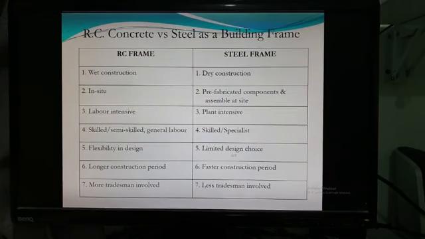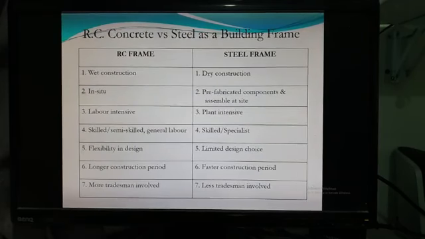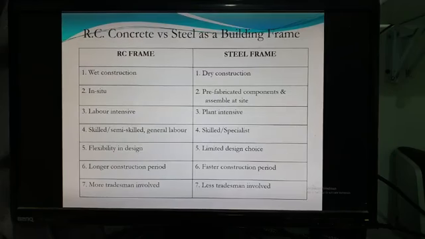Whereas steel frame, it might have a bit of a limited design choice, but these days you can produce whatever design that you need at the factory before putting it on site, because you can work with the factory's designer to come up with whatever components that you need using CAD software.